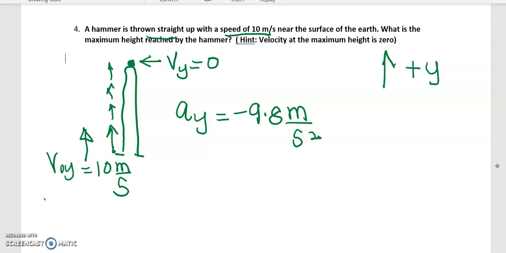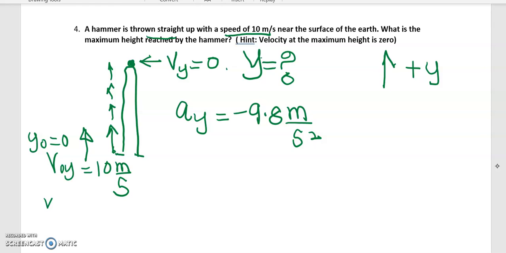So this is all we know. We know the initial position. It's equal to 0. y naught is equal to 0. Remember, I always ask you guys to take the ground level or the bottom level as the 0 position. The final y position, y, is an unknown.